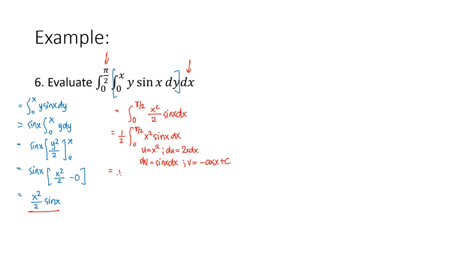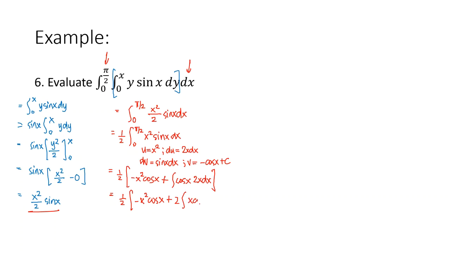So, we have 1/2 uv, negative x squared cos x, minus v. And since our v is negative, so this would become positive cos x 2x dx. Okay, so we have 1/2 negative x squared cos x plus 2 is constant, so you can put that out.